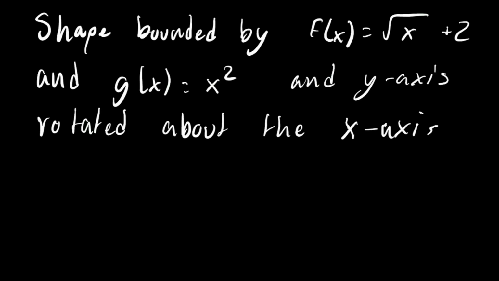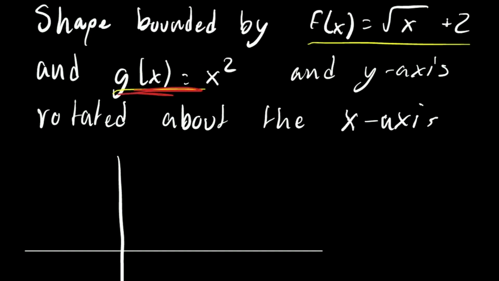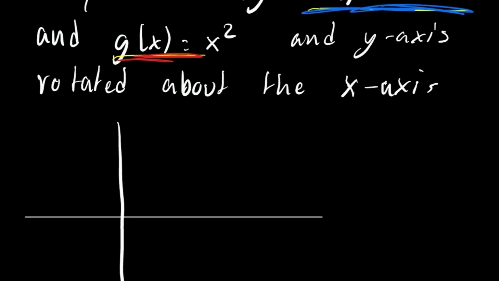All right, so here's the problem. We're actually going to be given two functions, f of x and g of x. So I'm going to draw this out real quickly. We're going to represent g of x in red and f of x in blue. So g of x is x squared, our lovely parabola. That is not a parabola, that is a line.